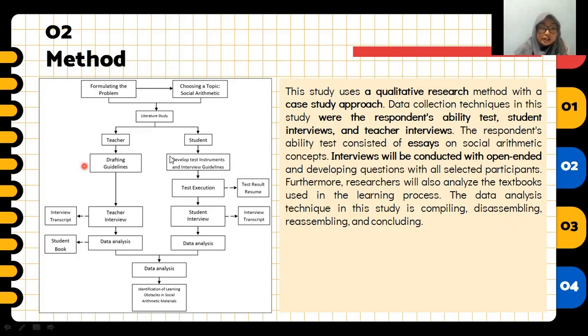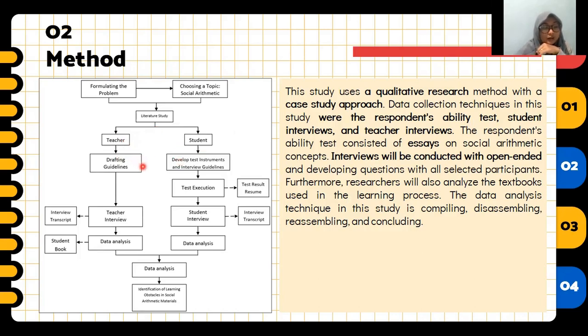This is a figure of my procedure in this study. We start from formulating the problem. And then I chose a topic in mathematics. I chose social arithmetic, and then I did a literature study, and then I did my research with the subjects, a teacher and students. Next I prepared the instruments of my study.